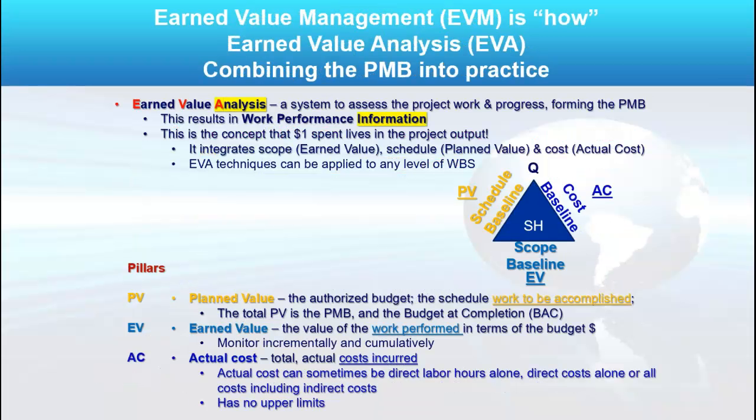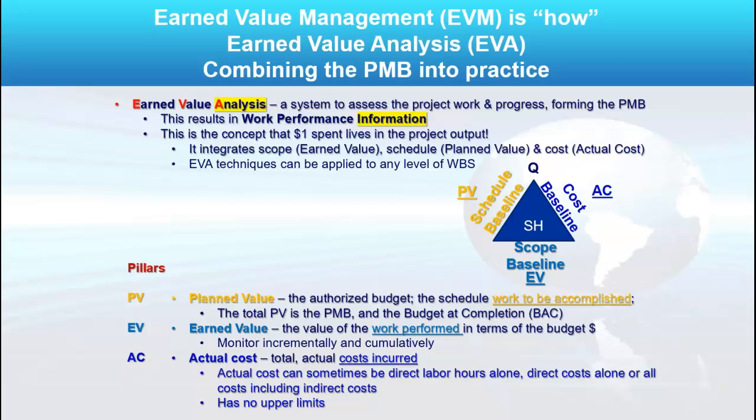Now, then last but not least, I just wanted to spend a minute or two on earned value management, right? So I said the concept is that I am using the iron triangle, all these baselines that I've been talking about, scope, schedule, cost, and now I'm turning it into math formulas that I can use. And so I'm using earned value analysis to create this earned value management approach.